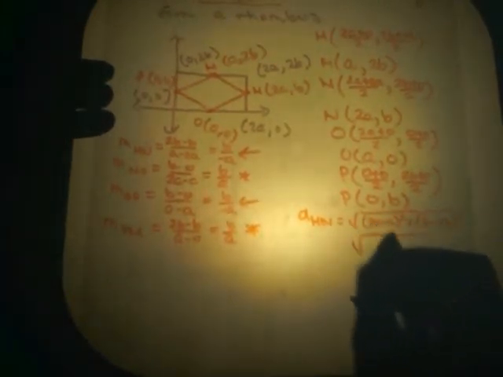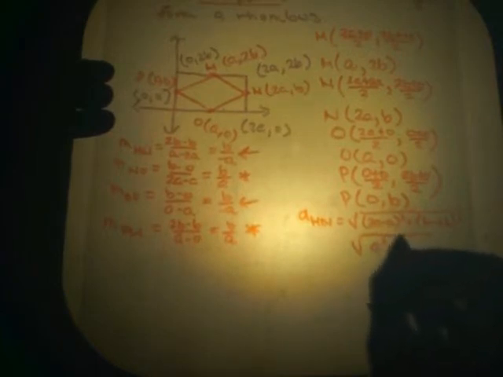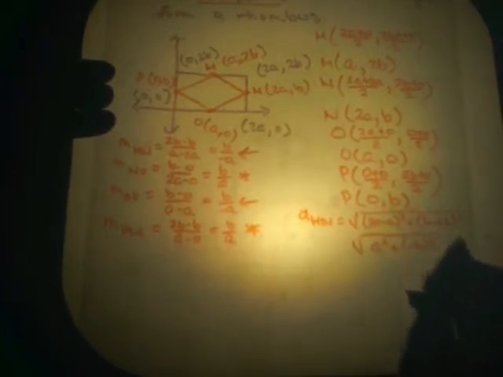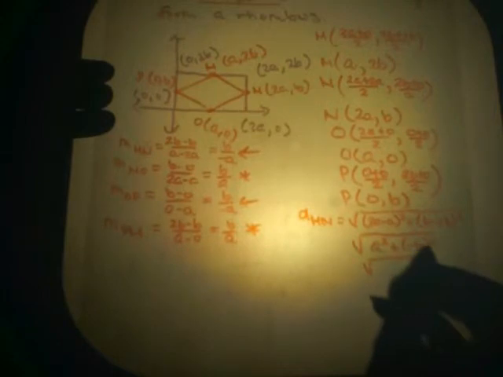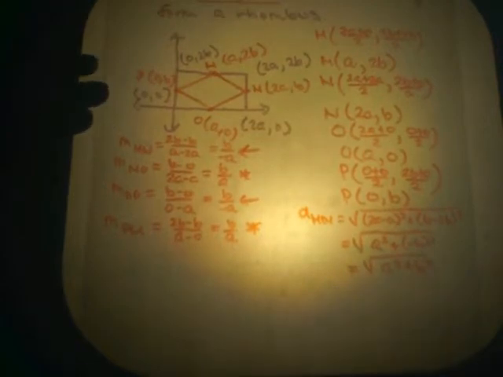So that'll give us a squared plus negative b squared, which is the same as a squared plus b squared. So there's our first distance completely simplified.